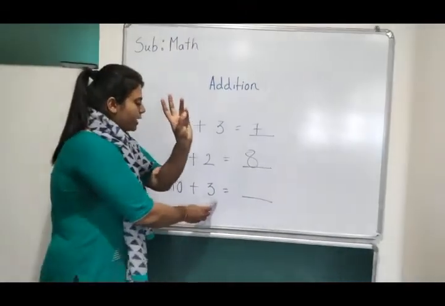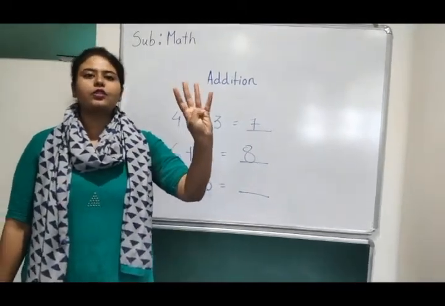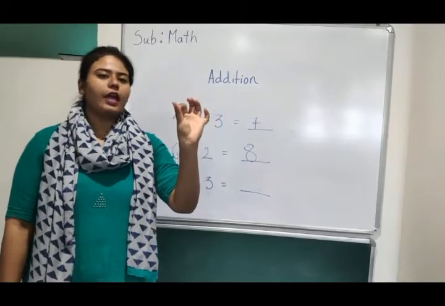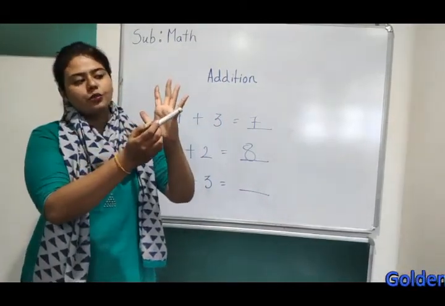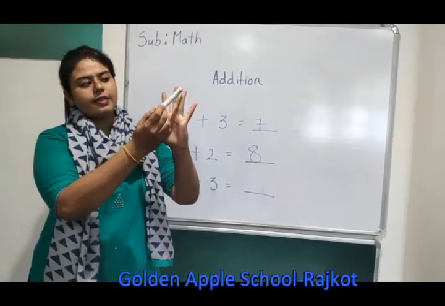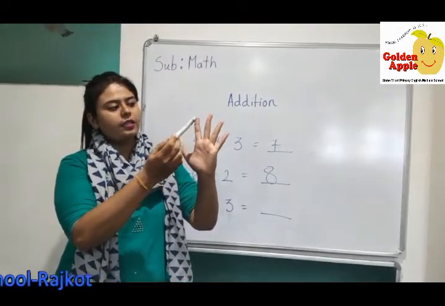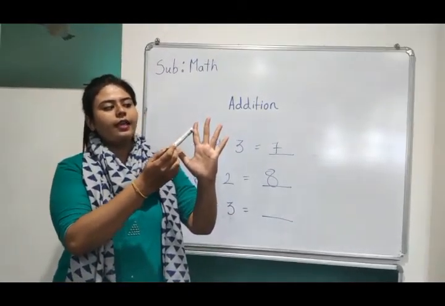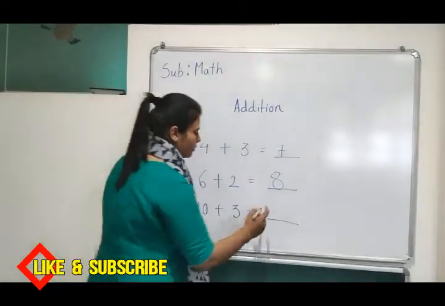Now our next number is 3, then I will add 3. 1, 2 and 3. Now I will count the answer together. 1, 2, 3, 4, 5, 6, 7, 8, 9, 10, 11, 12 and 13. So our answer is 13.